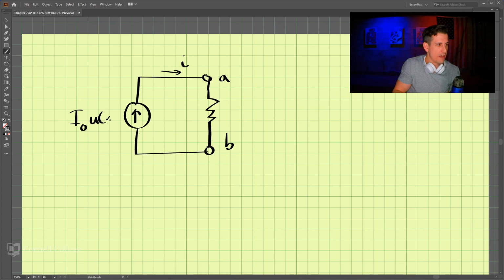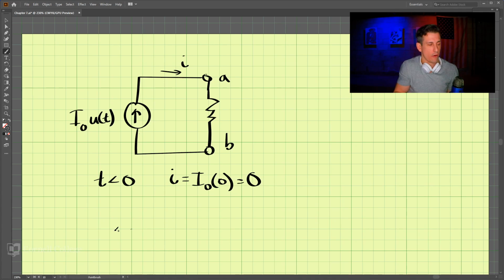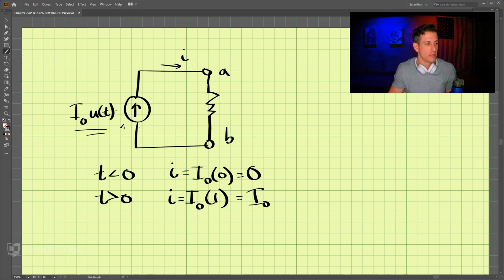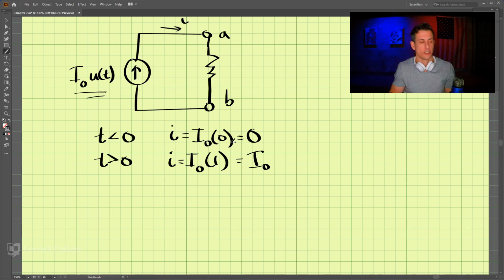If t is less than 0, then I is equal to I naught times 0, which is 0. But if t is greater than 0, I is equal to I naught times 1, which is just I naught. So we can use this function like we're switching things on and off. So this is the unit step function.